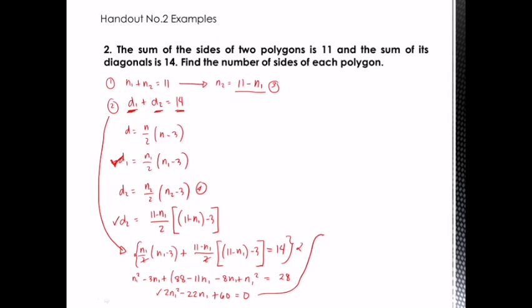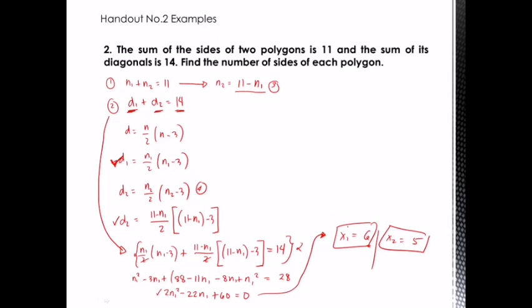Now to solve a quadratic equation, you may use your calculator from here. So you obtain the answers N1 and N2, N1 is 6 and N2 is 5. And so what we are looking for is the number of sides in each polygon.